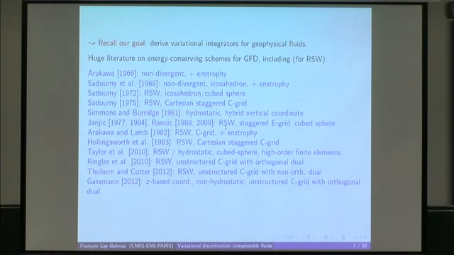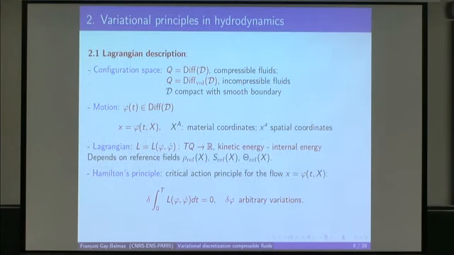And so our work attacks this issue, but from a purely geometric point of view. So here I'm starting by recalling the geometry of continuum mechanics in the smooth case and in the reversible case.